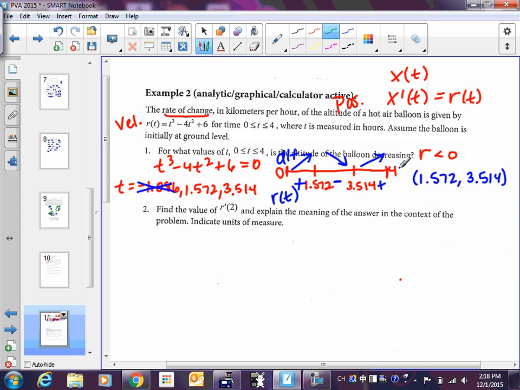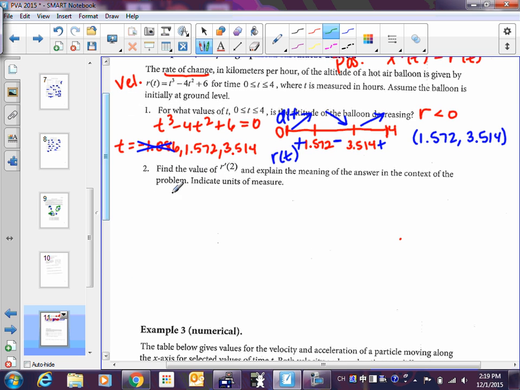If you don't like doing all of this with your calculator, you could have actually graphed the velocity and figured out where it was above the x-axis or below. We're going to talk more about how to use our calculator efficiently in these types of problems later this week. But you have the knowledge. You don't have to do it that way.